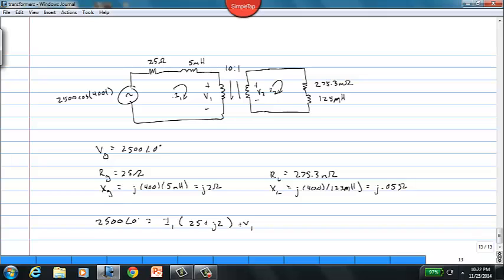That's for the left-hand side. And then for the right-hand side, the voltage across the inductor, V2, is just equal to I2 times 0.2753 plus J0.05. So that gives us the two equations that we need to use to analyze the ideal transformer.